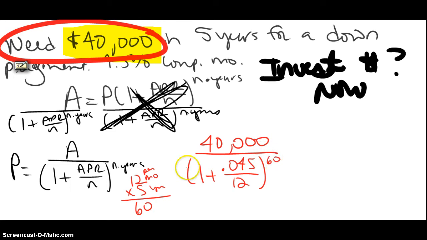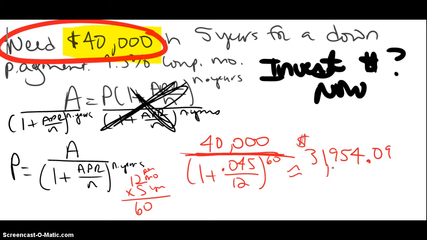So on your calculator, you want to get an answer to this first and take 40,000 divided by that answer. Again, if you have a scientific calculator or graphing calculator that does order of operations, you should be able to just type in this divided by this. Now, when I did that, and hopefully I typed this in right, I got $31,954, and looks like about 9 cents.